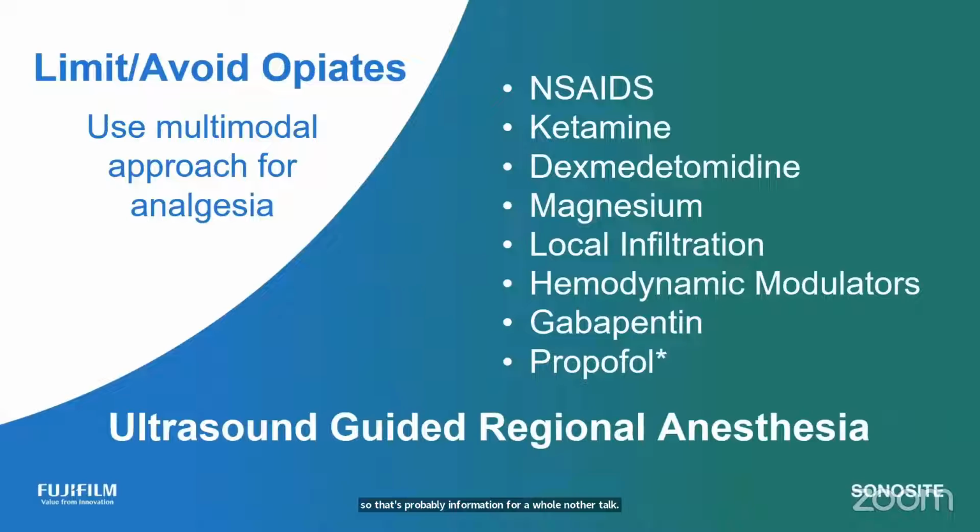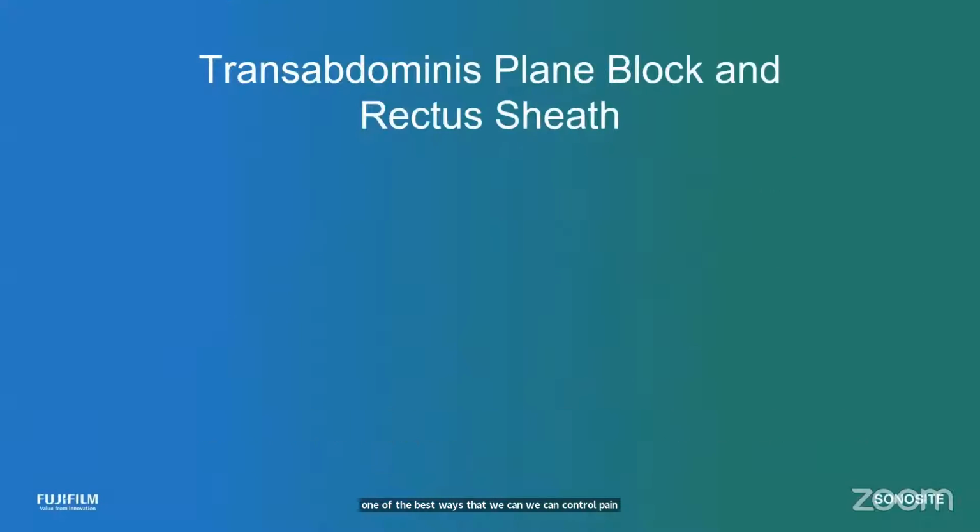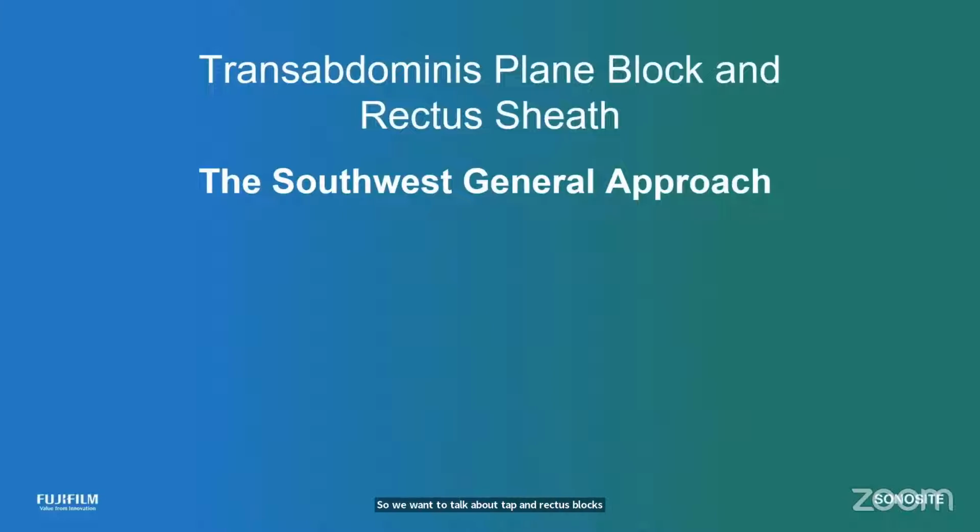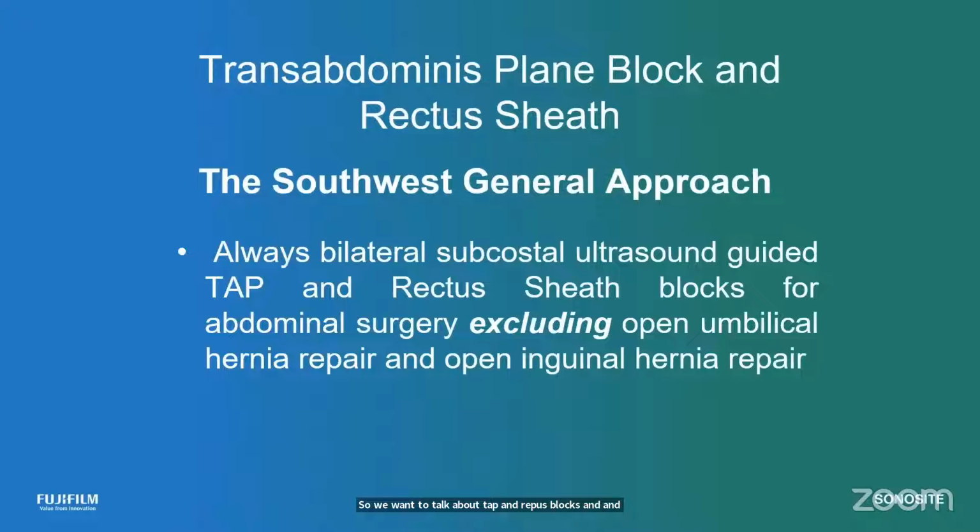And of course, how do we limit or avoid opiates? One of the best ways we control analgesia that we've seen over the last probably 20 years is ultrasound-guided regional anesthesia. So that's when I got involved in this, and that's been one of the best ways that we can control pain for abdominal surgeries. So we want to talk about TAP and rectus blocks, and I'm just going to speak on our approach, the Southwest General approach.